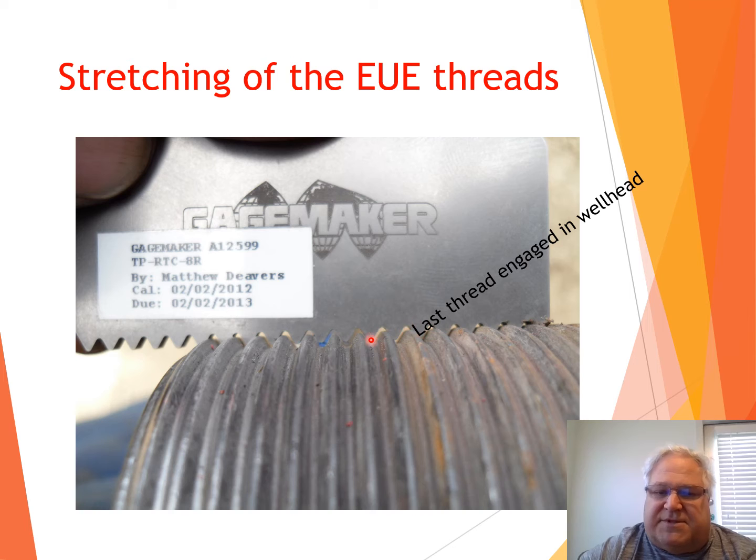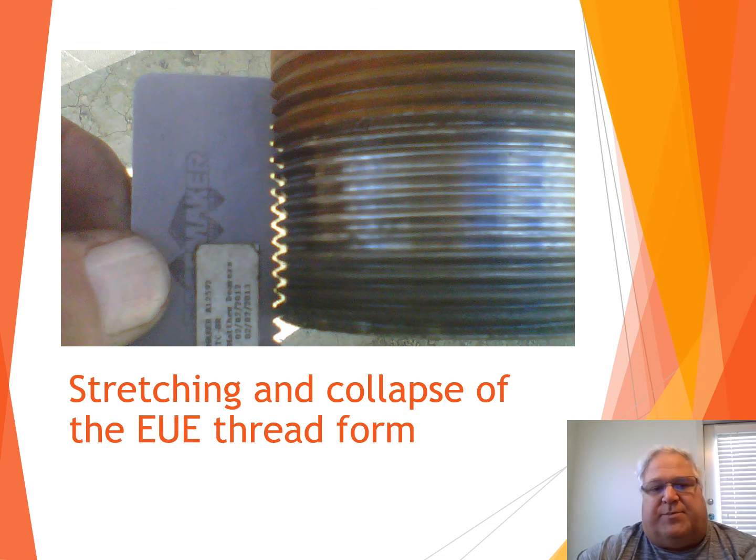Another example: here's a last thread engaged, and it's actually stretched and started to pull things out of line and created those same issues. Here's a pretty example of where you can see how it's really been stretched out and damaged. Same thing, last thread engaged, and it's way out of line here, with loss from stretching. So that's becoming quite weak.